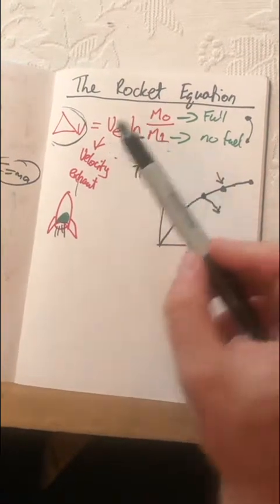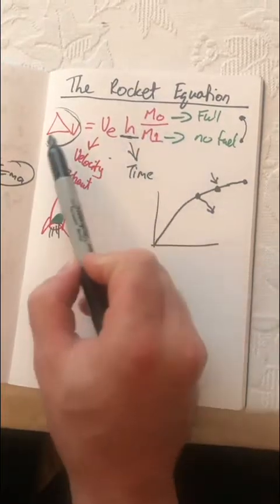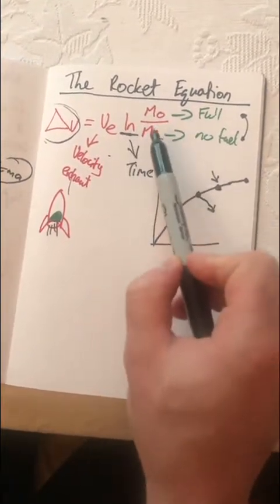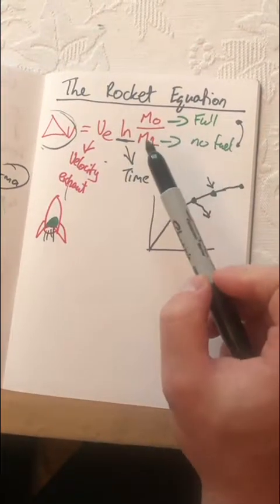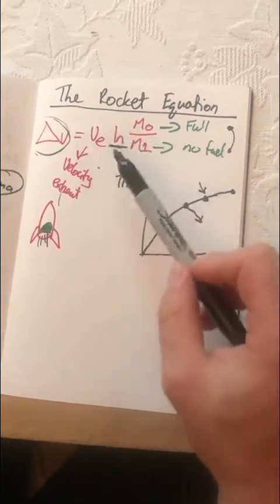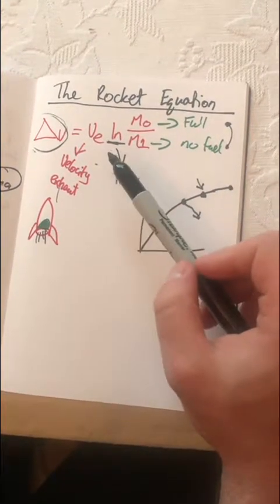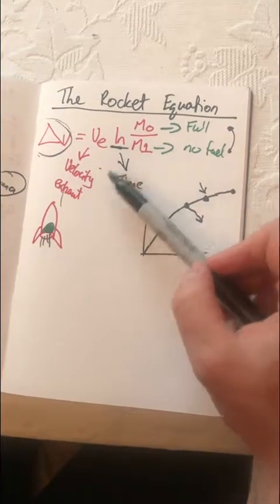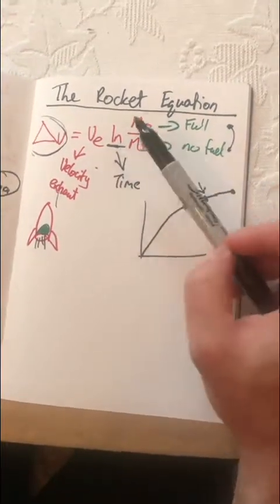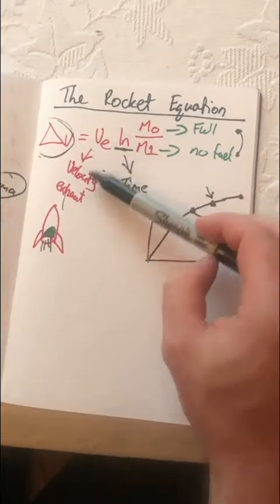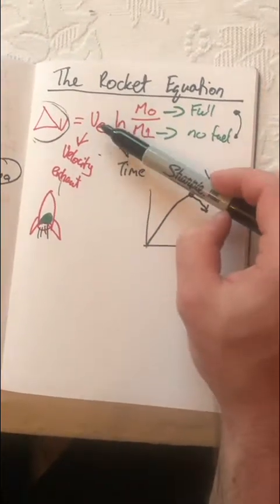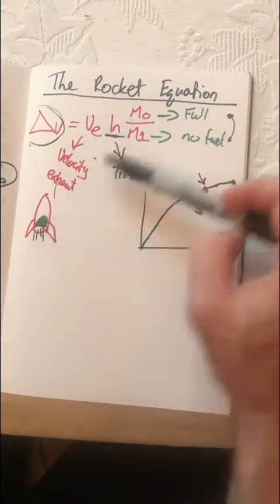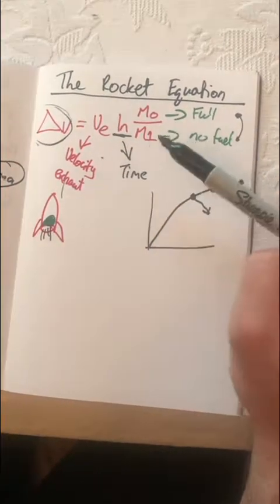So you can use this equation to build your rocket, to work out the different sizes of things, and to create a prototype. And then if the prototype doesn't work, if it runs out of fuel or whatever, then you can say, well, maybe we need to increase the size of the opening for the exhaust. Maybe we need more fuel, whatever the case may be.